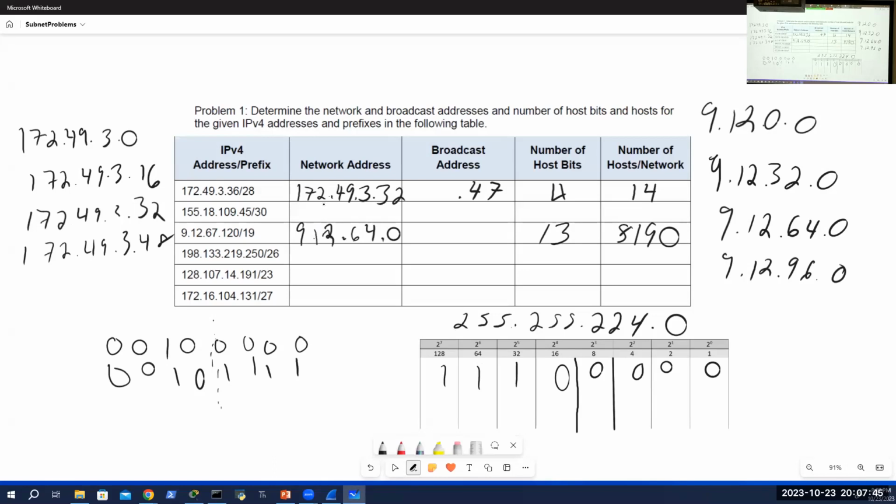So the broadcast address gets a little bit more interesting. So 9.12.64, and this is again a good time to put everything in binary, or not everything, but what you need in binary. So 64 in that third octet looks like 0, 1, 0, and then the rest is host.